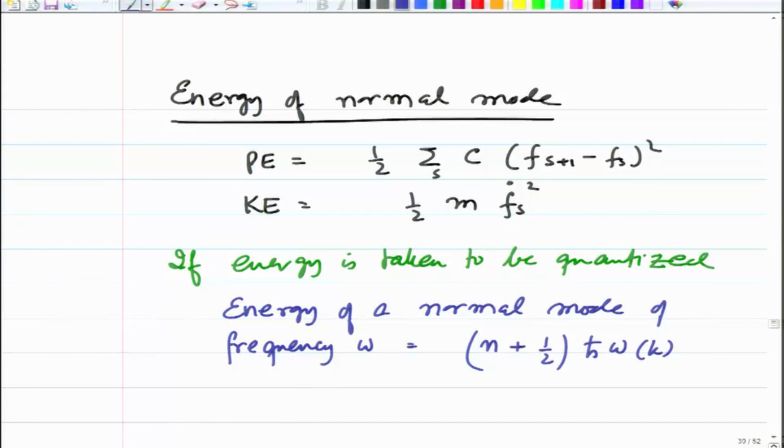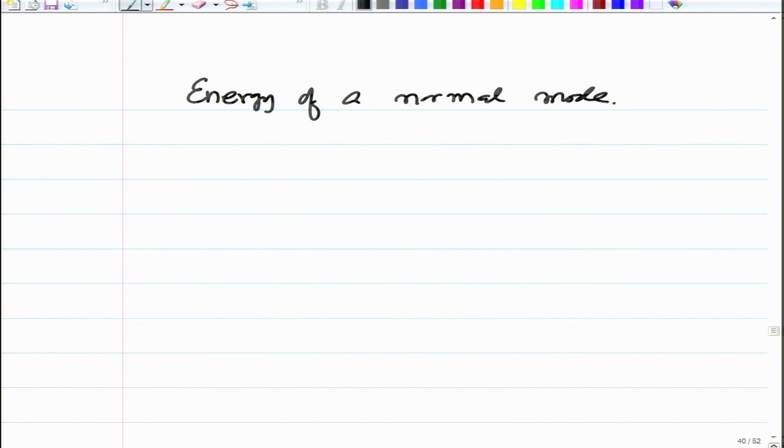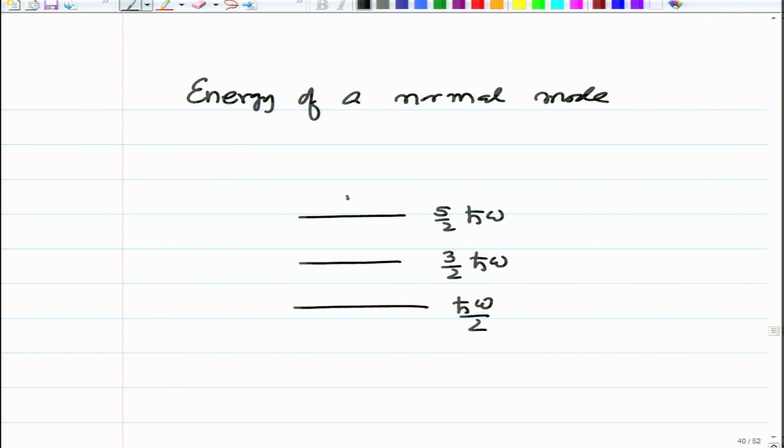So, we take it for granted now that this is going to be the energy of the normal modes, and therefore, the energy of a normal mode is either h cross omega by 2 or 3 by 2 h cross omega or 5 by 2 h cross omega and so on, which is altogether n plus a half h cross omega.